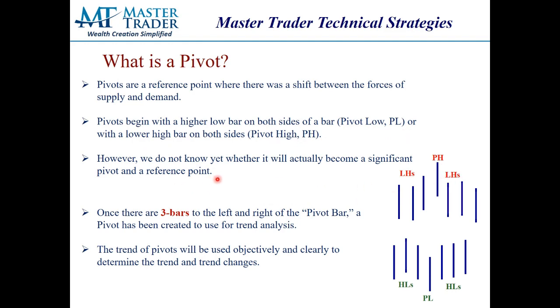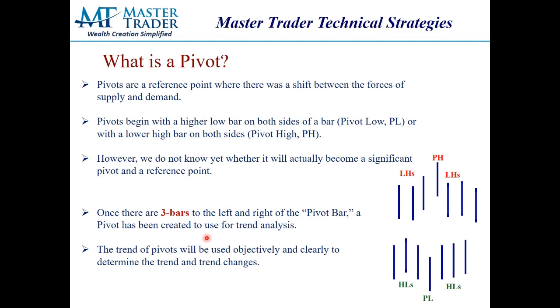However, at that point, you really don't know whether it's going to become a pivot of any significance. So we need more information. Once there are 3 bars to the left and right of the pivot bar, a pivot has been created for us to use for trend analysis. Now, why 3? Well, we could use 2, but that really isn't that many bars.